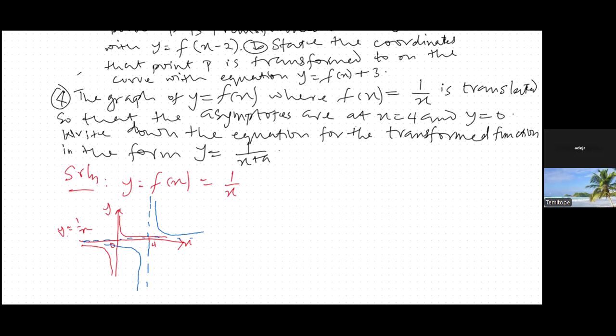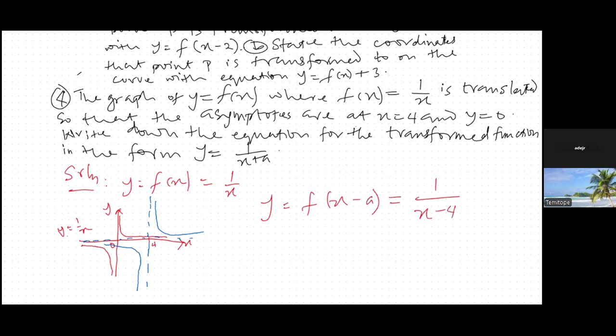Now, by the general way of writing translation to the right, what does that mean? It means it's going to be y equals f of x minus a. Are you with me now? But because our f of x is 1 over x, it will now be 1 over x minus 4, because it has shifted to the right.